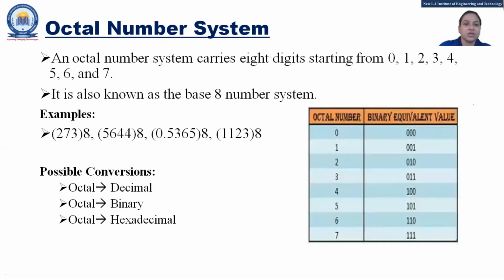Now next is octal. As I talked about earlier, it uses a total of 8 digits, 0 to 7, and it has a base 8. So we can use any of the digits 0 to 7 to obtain any octal number. For example, see here in this case, 273.